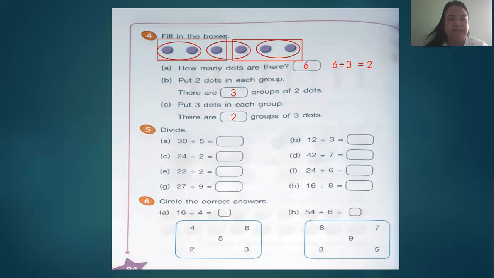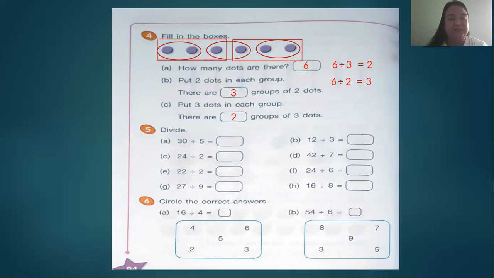So what do you notice? So in 6 dots, you can divide it into 3 groups of 2, and you can write 6 divided by 2 equals 3.